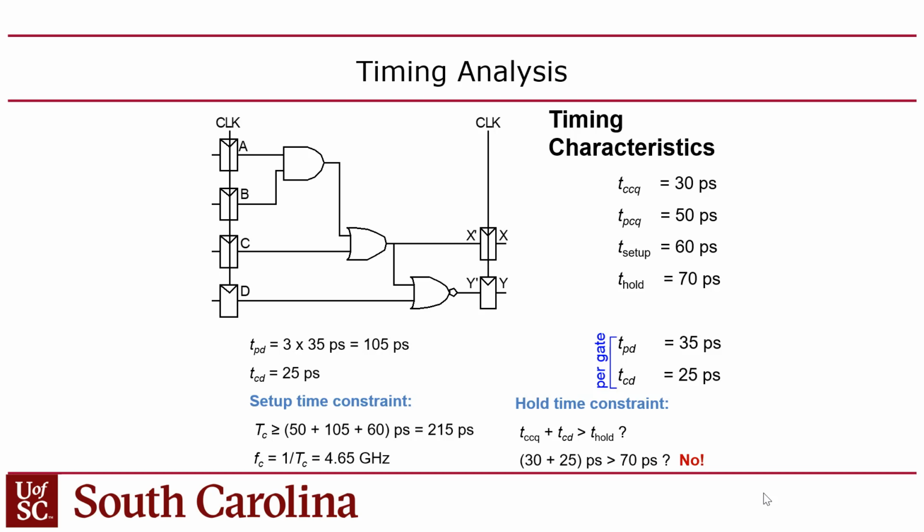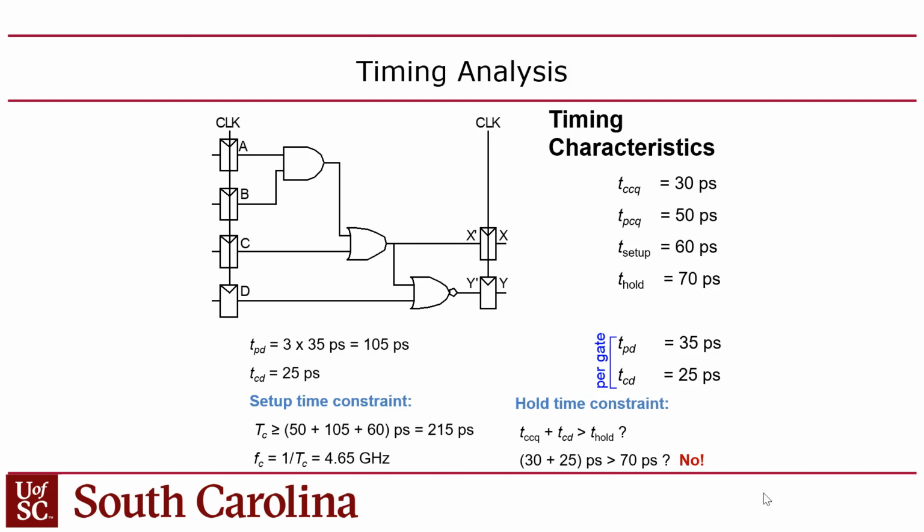The hold time constraint says that the contamination delay of the register, which is 30, plus the contamination delay of the circuit in between these two, which is 25, has to be greater than the hold time. What's the hold? 70. So 30 plus 25 has to be greater than 70, which it's not.